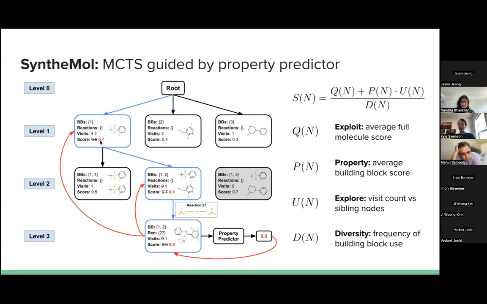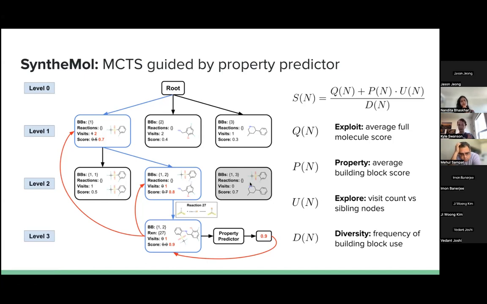Once we've done that, now we can figure out what is the next building block that we want. We'll take this first one, and we'll couple it with every one of these 132,000 building blocks. So we take this building block plus itself, this building block plus the second one, this plus the third one, and so on and so forth. And now we're trying to score combinations of building blocks to figure out which combination will be the best.